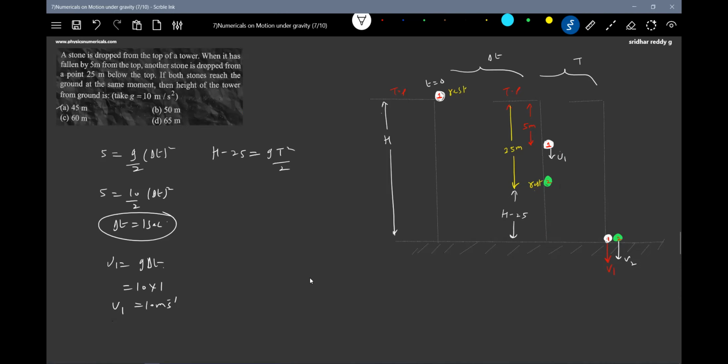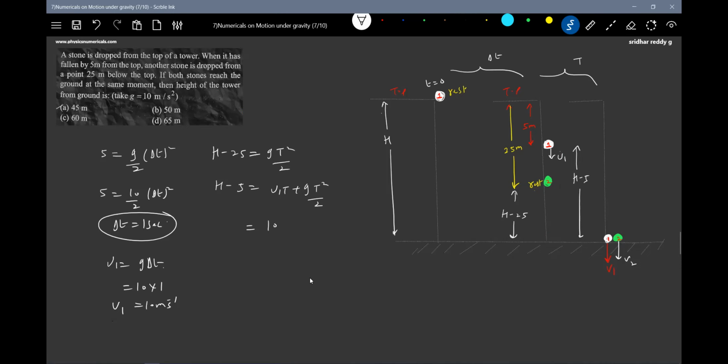See this. Now do we know T? We don't know that T. What height will the first stone descend? H minus 5. So this H minus 5 should be equal to G T square by 2. Is it justified? No, actually you have to write U1 T plus G T square by 2.